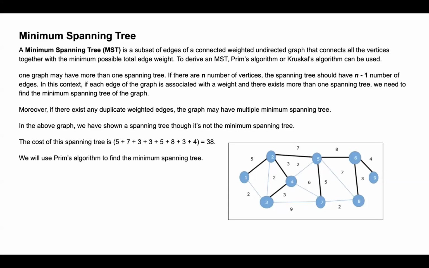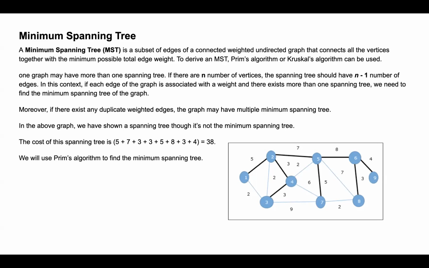In this context, if each edge of the graph is associated with a weight and there exists more than one spanning tree, we need to find the minimum spanning tree of the graph.